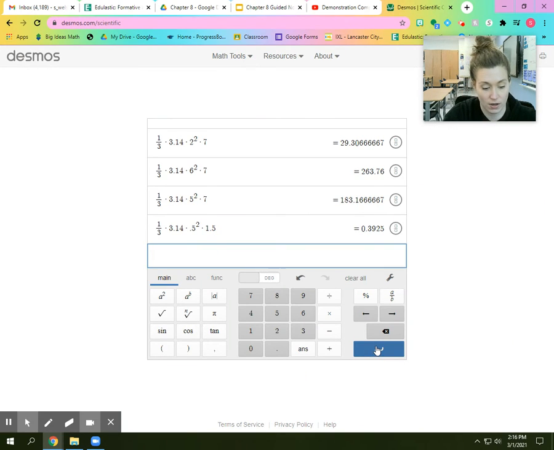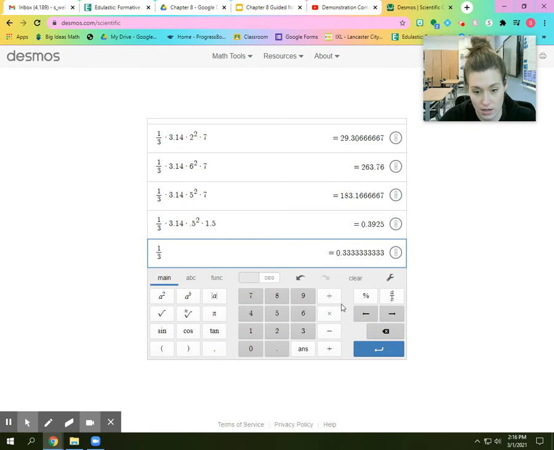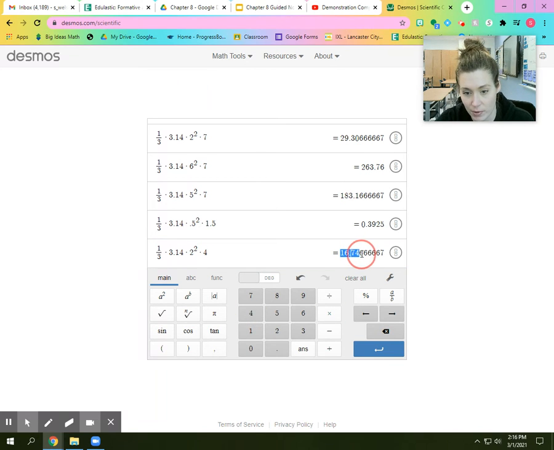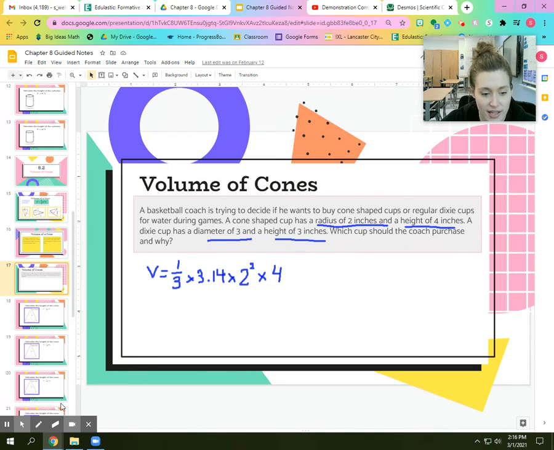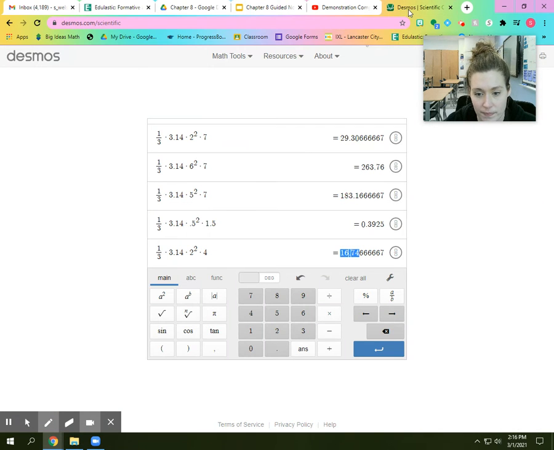I'm going to do my 1/3 times 3.14 times the radius, 2 squared, times the height, 4. And so that gives us 16.75, if we round to the nearest hundredth. So we'll fill that in and say the volume of this cone is about 16.75 inches cubed.